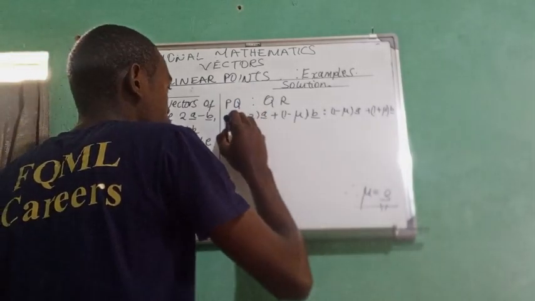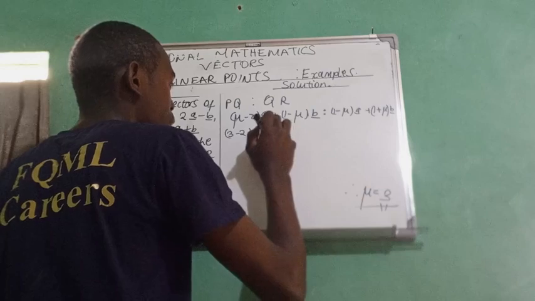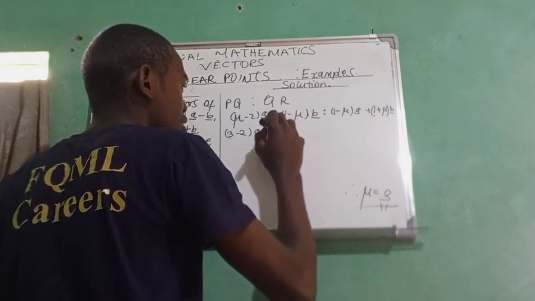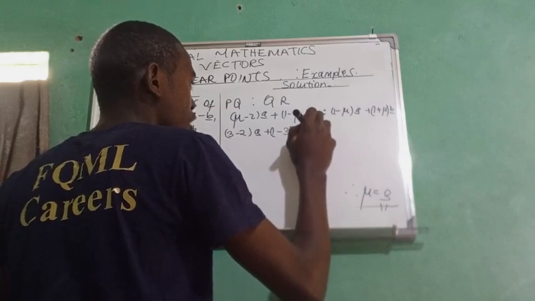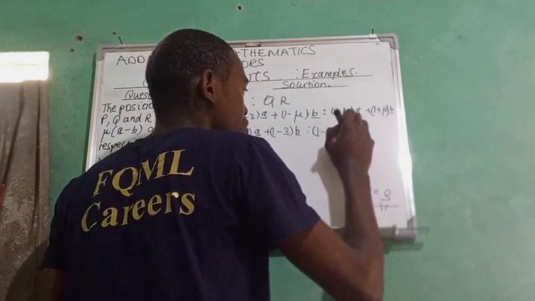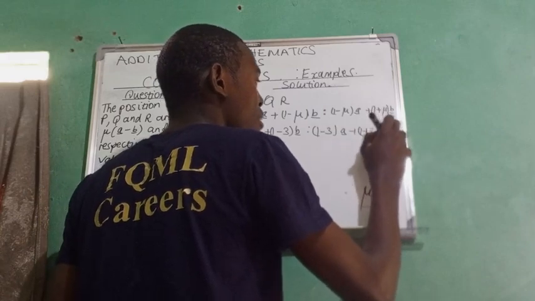So this would be 3 minus 2 of vector A plus 1 minus 3 of vector B to 1 minus 3 of A plus 1 plus 3 of B.